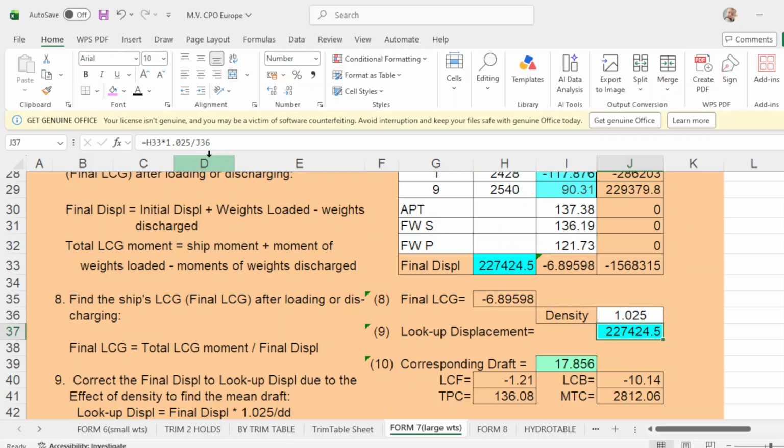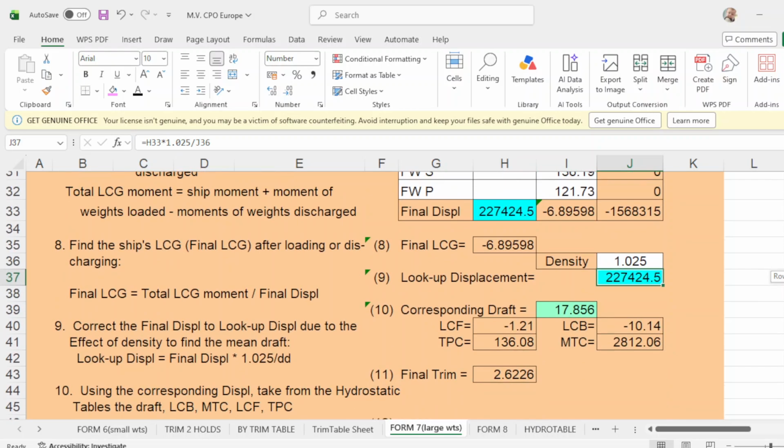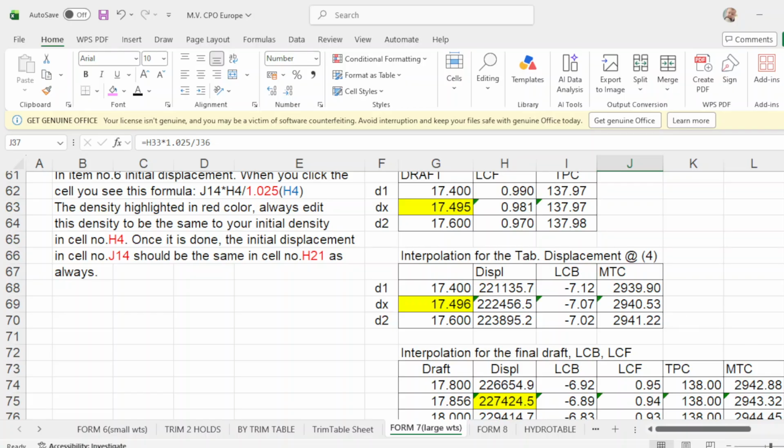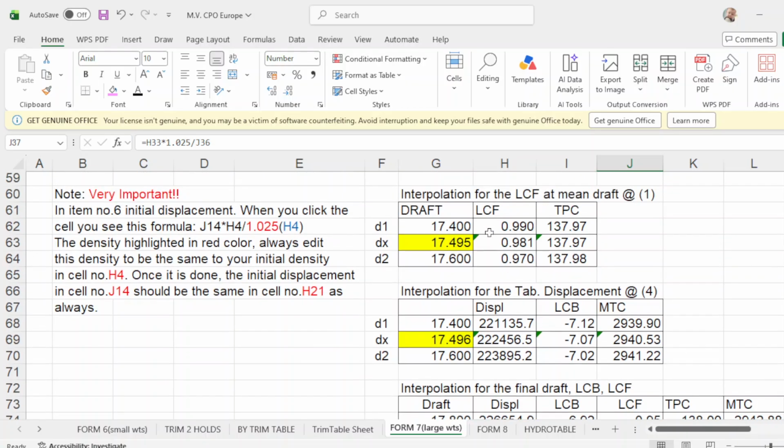Okay, J36. This one 36, 33. Okay. Something wrong with this around here. Okay, check, check, check, check, check, check, check.